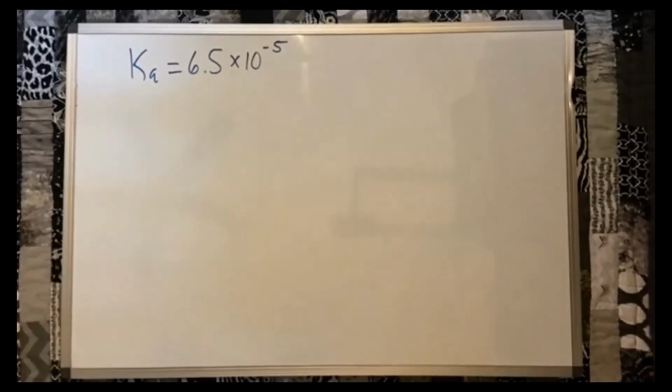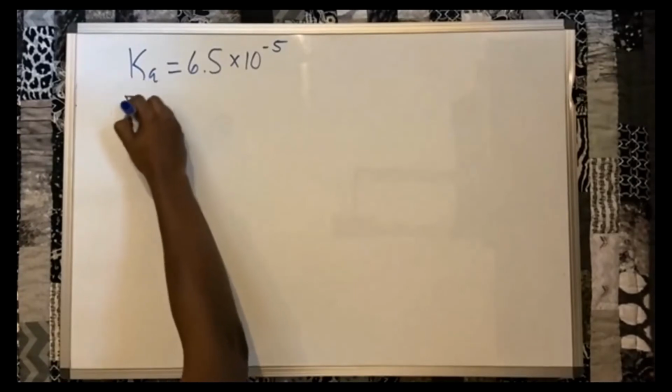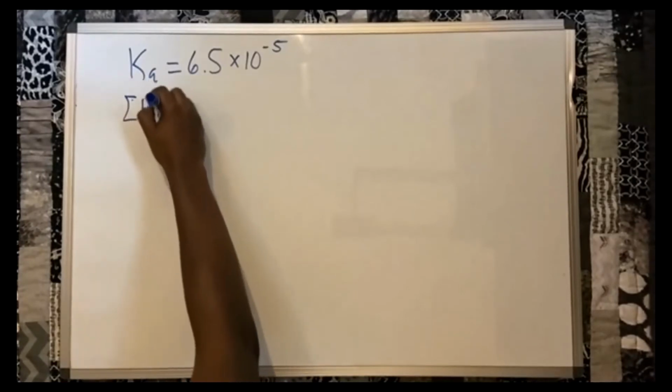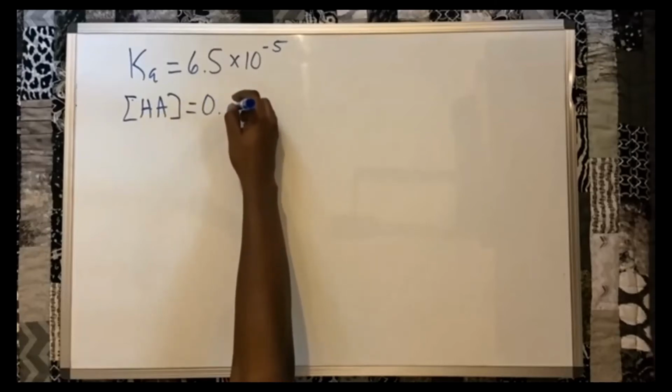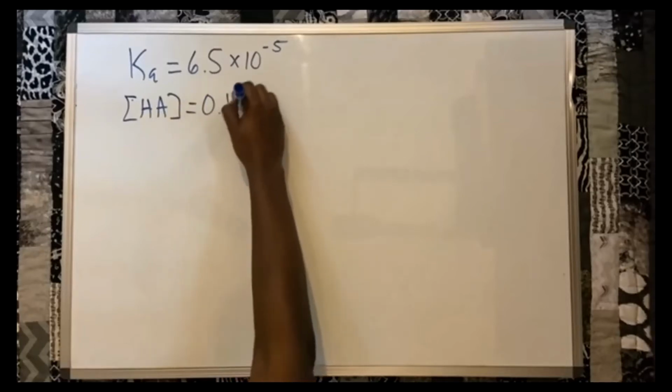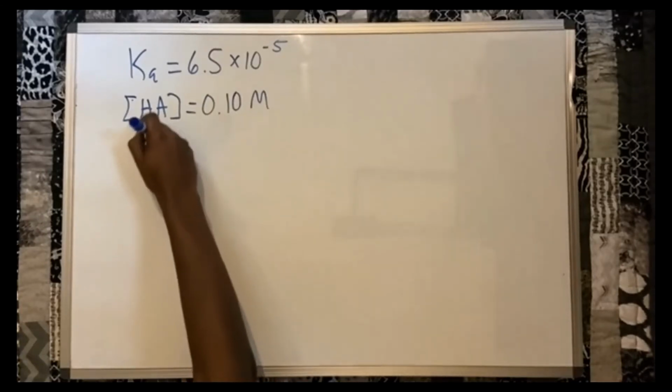And I have my initial concentration. I don't care what it is, I'm just going to call it HA, 0.10 molar. Right now, we want pH.